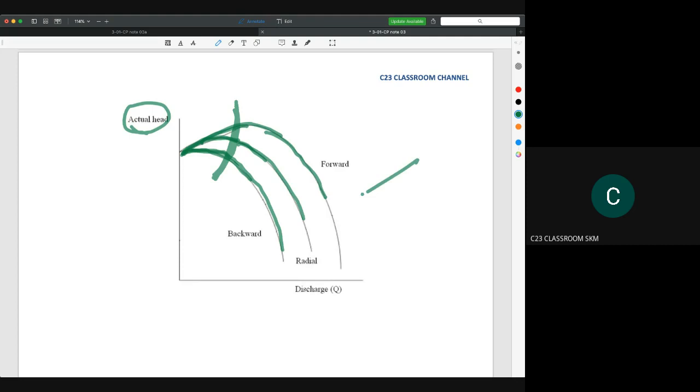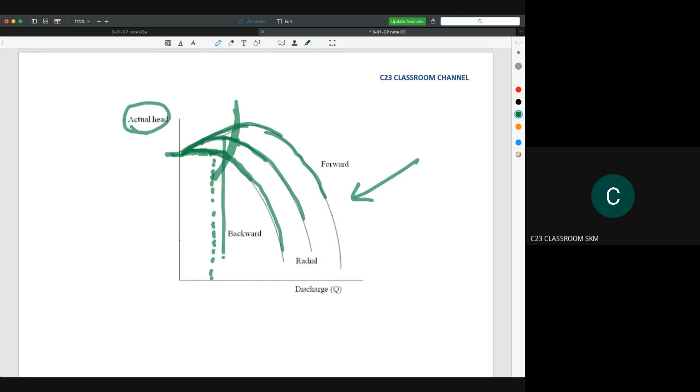So what is the meaning of this? When you operate a pump, all pumps actually have their own optimum point. It means that you need to find the best flow rate that gives you the best actual head.